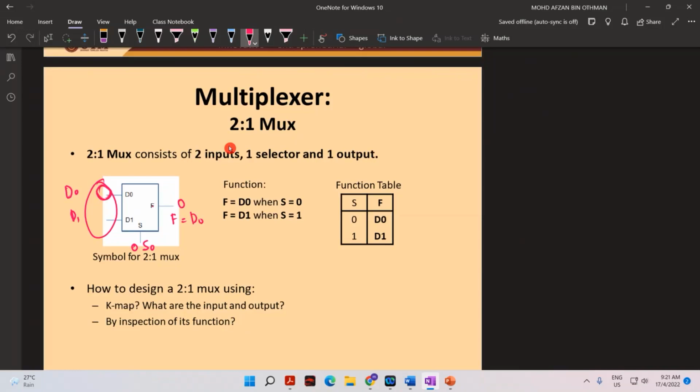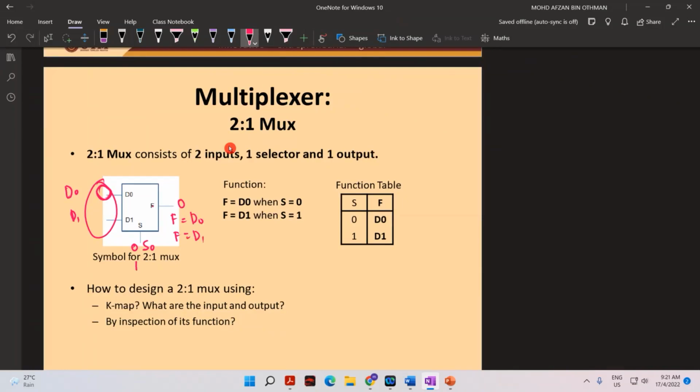Because S is a selector, selector yang tentukan output dia datang daripada input yang mana. When S equals 1, F akan ambil daripada D1. Bila kamu letak selector kamu sama dengan 1, output F is coming from D1.